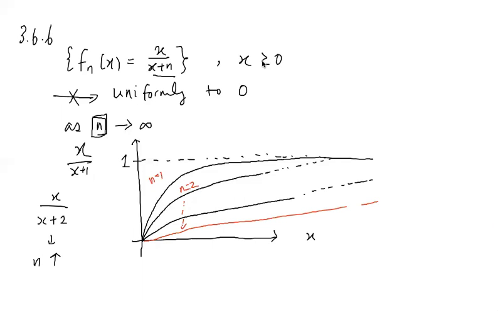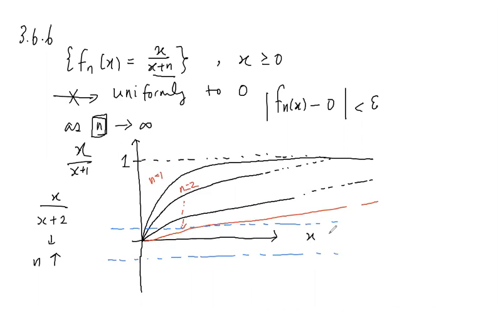Now, if it actually converges uniformly to 0, we will have something like this. So bounded by epsilon, right? Let's sketch the bound. You have some bound like this. This is plus epsilon, this is minus epsilon, right?